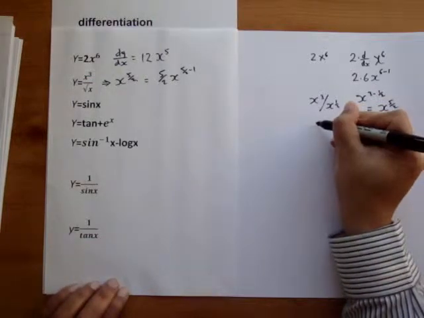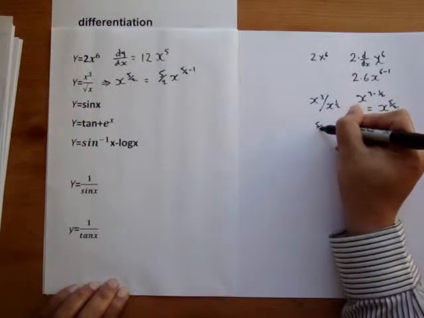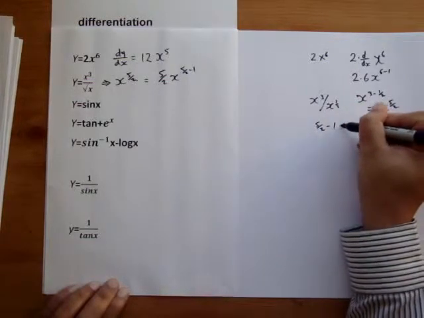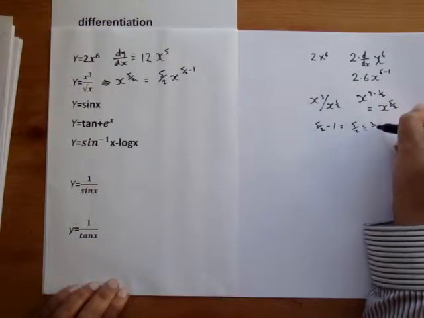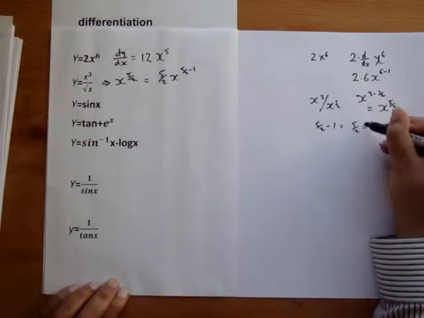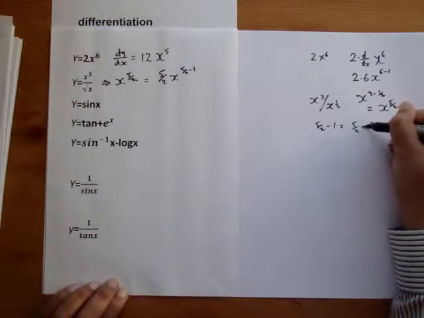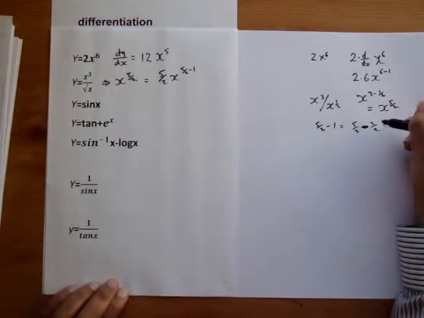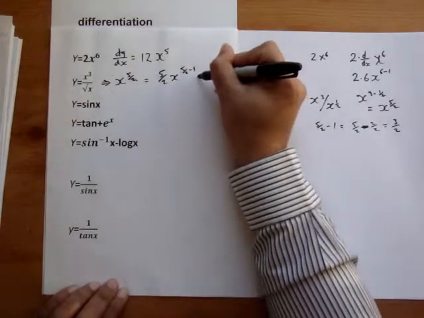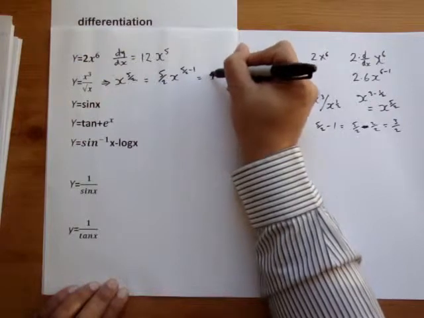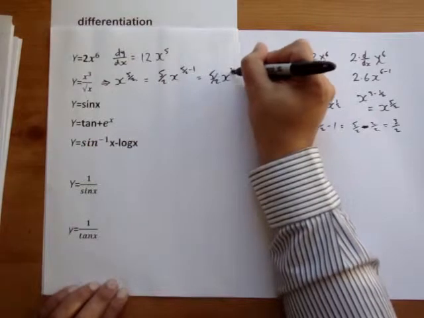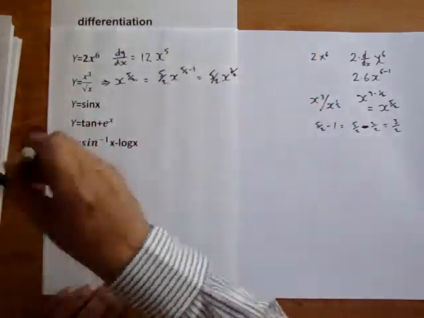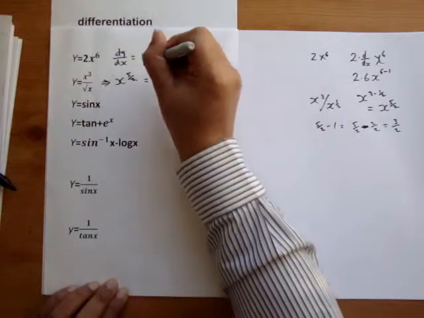Well, if we can't, let's write it down. 5 over 2 minus 1, that equals 5 over 2 minus 2 over 2, so that becomes 3 over 2. Yep. So this is 5 over 2 x to the power 3 over 2. And that is our derivative.